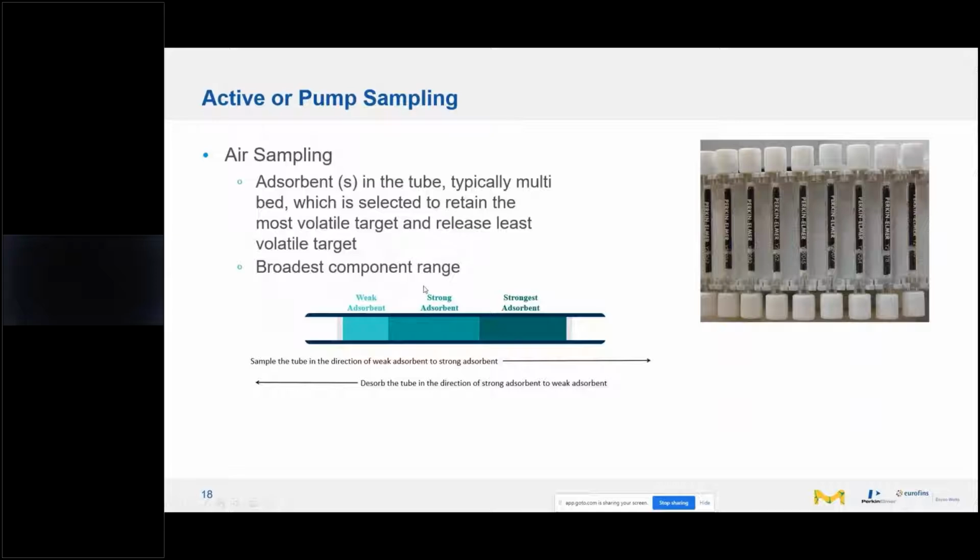The weak absorbent will retain the most heavy components, let's say to C20. Others will break through and go into the next absorbent. Let's say this absorbent can retain from C20 to C6. C6 and lighter will then break through that absorbent and be trapped and retained by the strongest absorbent.